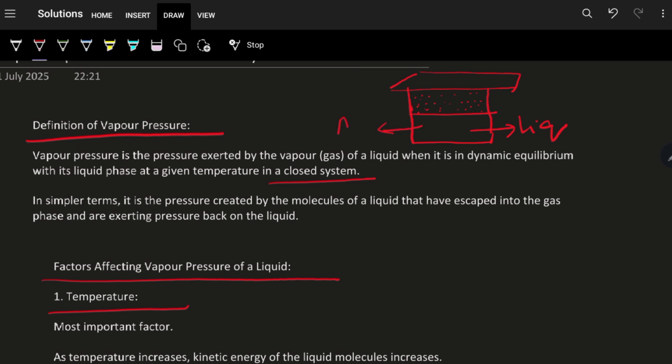If I have taken liquid A in the container, then the vapors will be of liquid A itself. And if it is a closed system, then the rate of vaporization and the rate of condensation will be the same and the system will be in dynamic equilibrium.